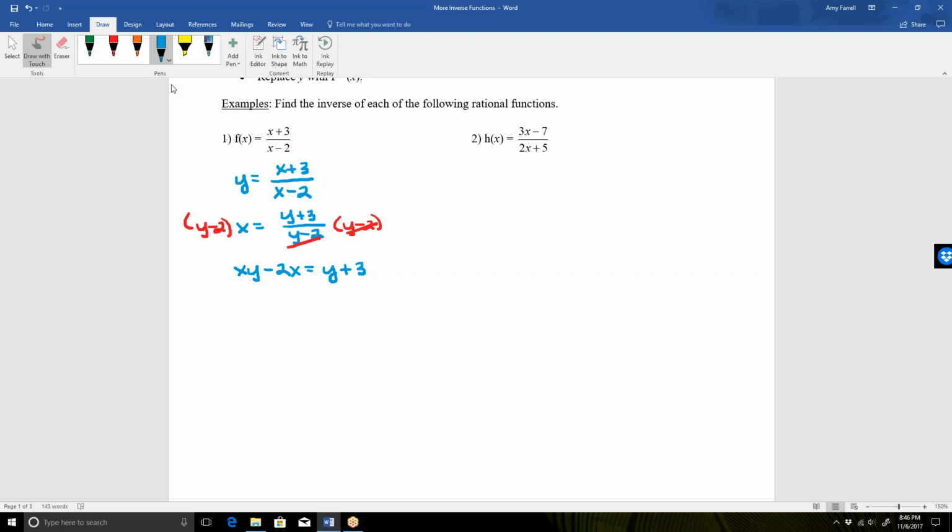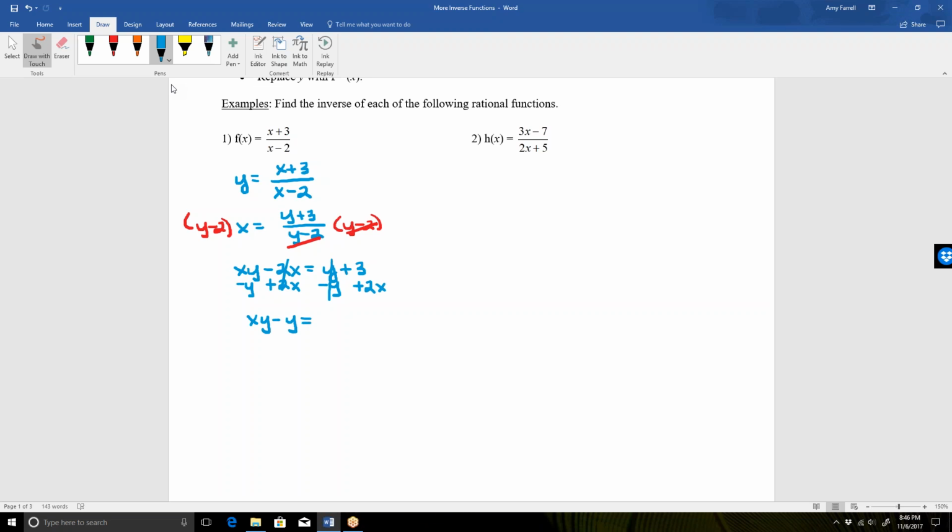So in order to isolate y, we need to get all terms that contain a y on one side of the equation. So I'm going to subtract y from both sides. Then I'll have my two terms that contain a y on the same side of the equation. I'm also going to add 2x to both sides. That way the two terms that do not contain a y are also on the same side.